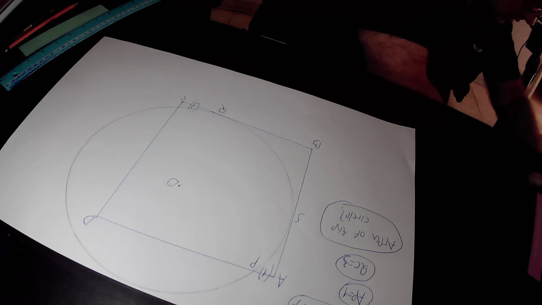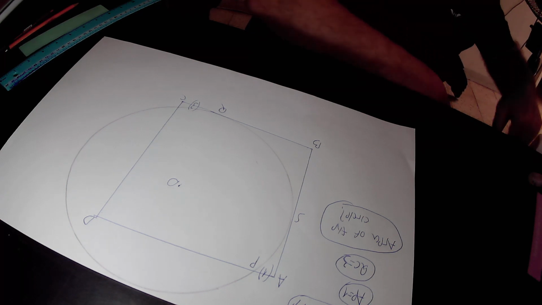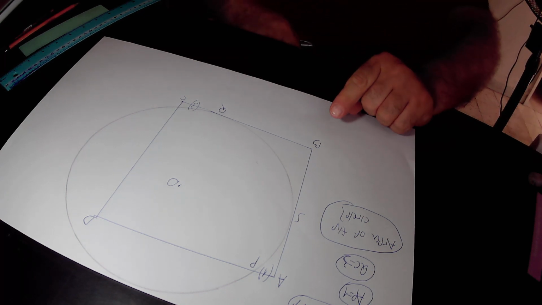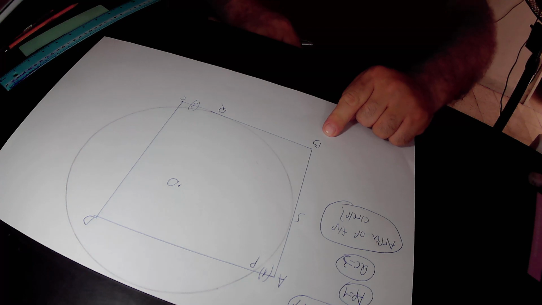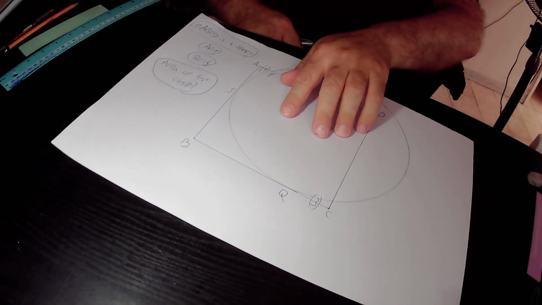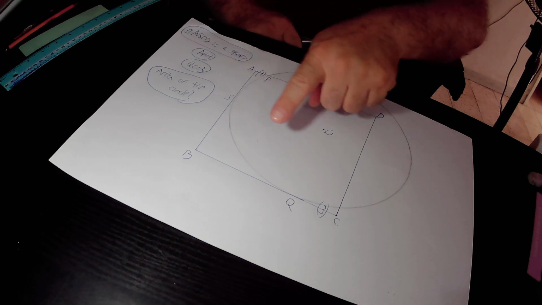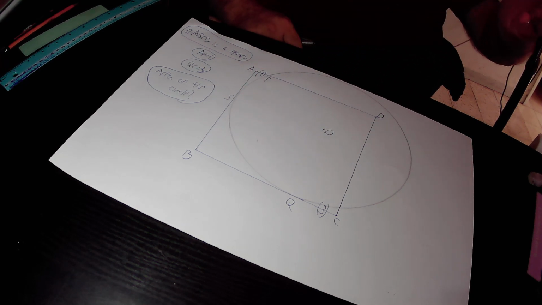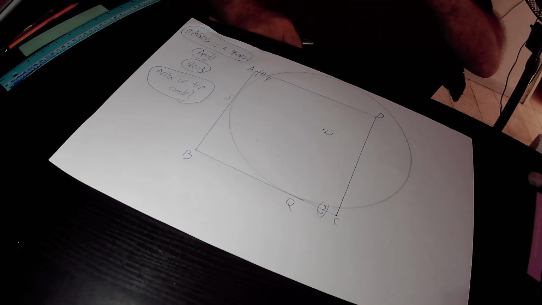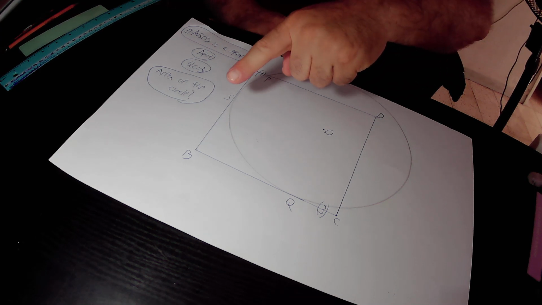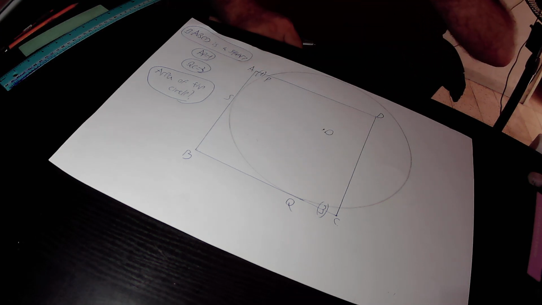Why? Because if we focus on this common external point, point B, from it we have two tangents to this circle, tangent BQ and tangent BS. And according to rule 2, they are equal to each other. That is to say, BQ equals BS according to rule 2.